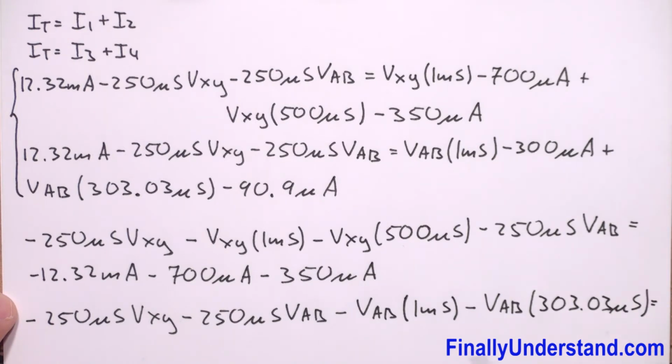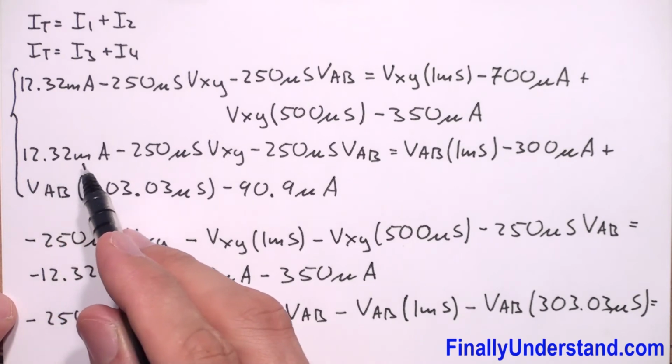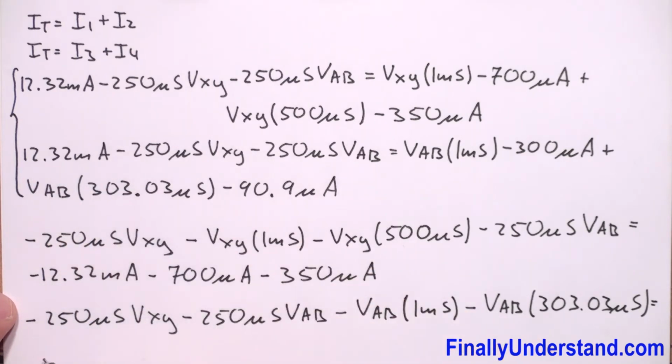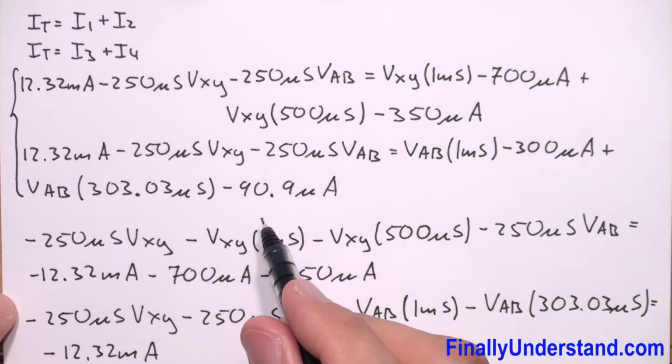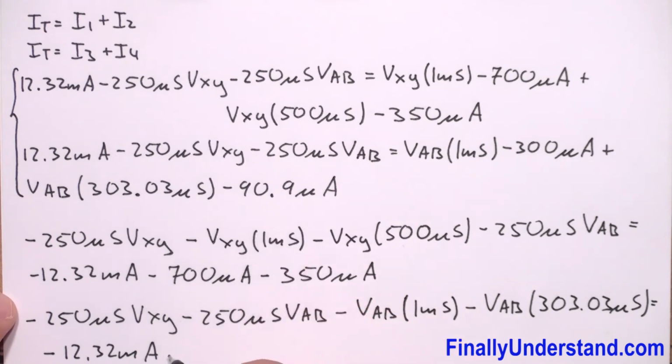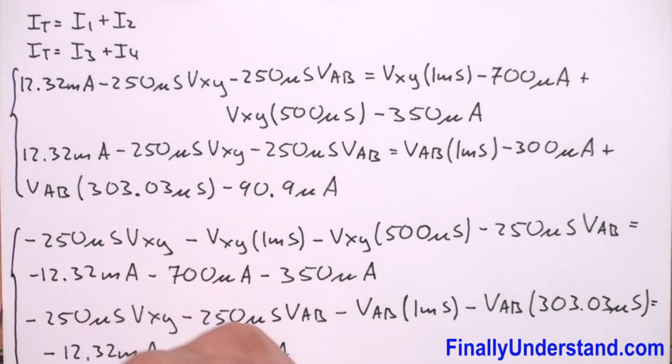Okay, this is equal, and I'm going to move 12.32 milliamps to the right side, so I'm going to have negative 12.32 milliamps, and I have on the right side negative 90.9 microamps.